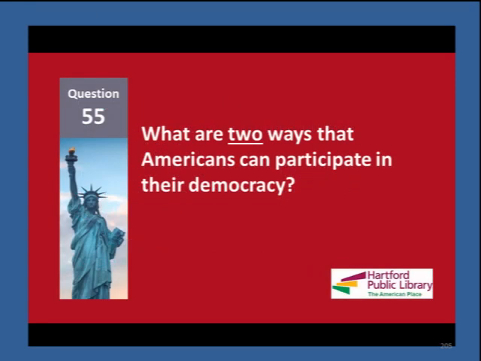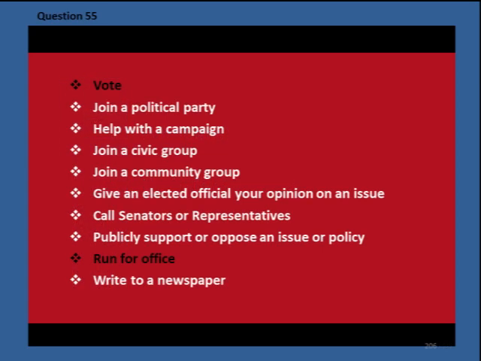Question 55. What are 2 ways that Americans can participate in their democracy? Vote and run for office. There are many ways Americans can participate in their democracy.